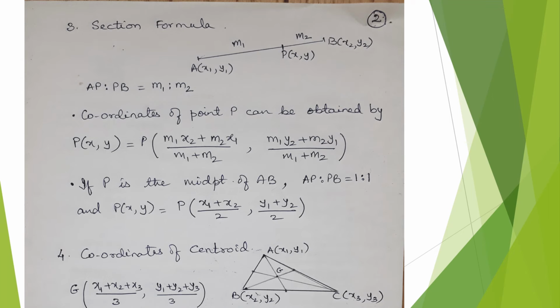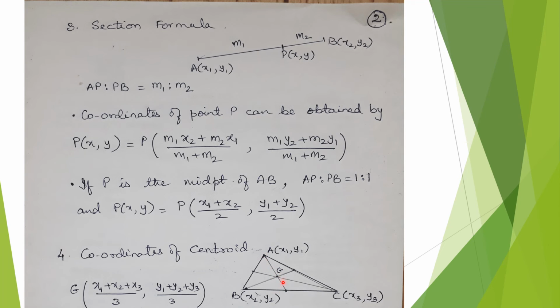Now to find the coordinates of the centroid. I hope you know what a centroid is. The meeting point of the three medians of a triangle is called the centroid. Medians meaning that you find the midpoint of a side and you join the midpoint with its opposite vertex.